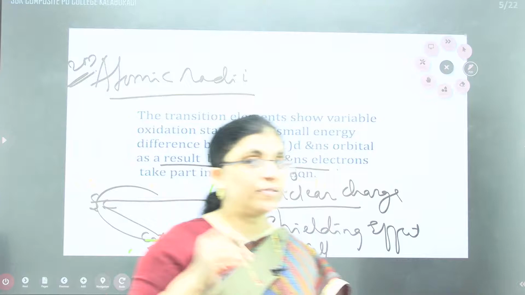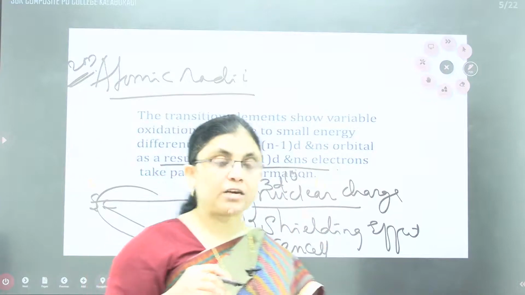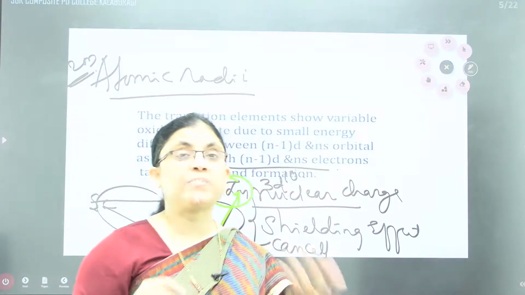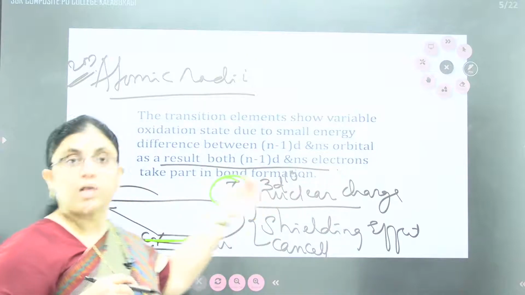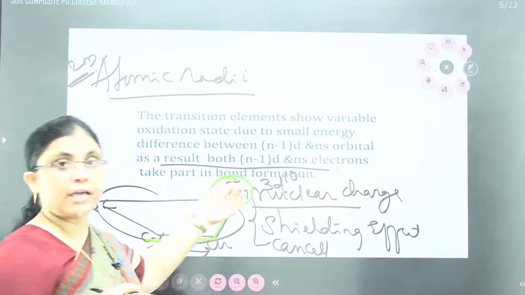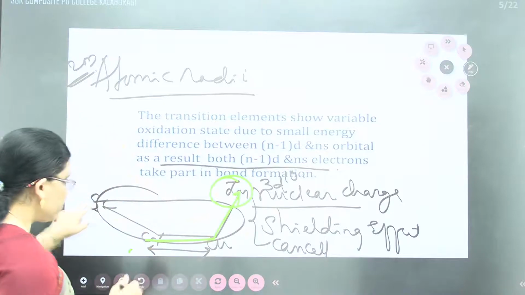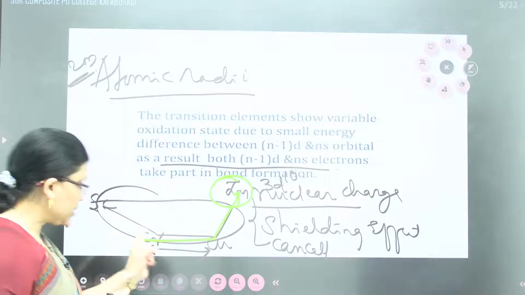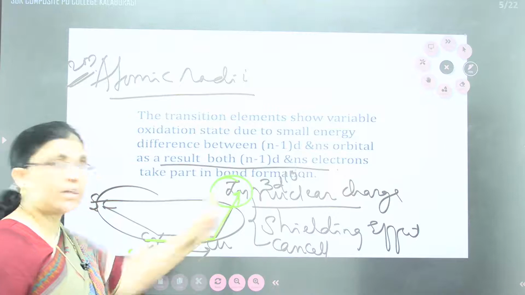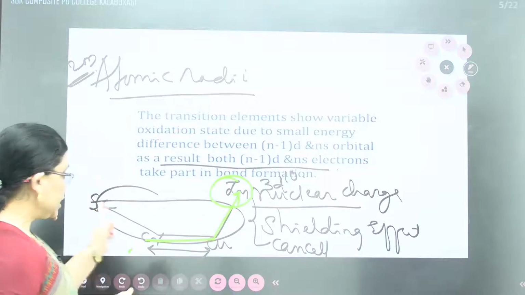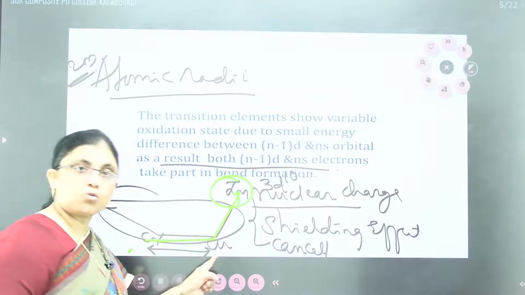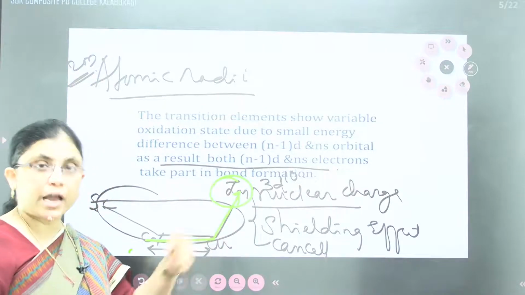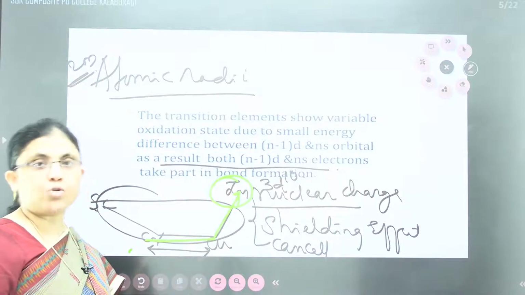Because in the inorganic section we always have exceptional cases. That's why, when we define the atomic radii, you can say that it decreases from scandium to chromium, remains the same over here, and further increases to zinc. It decreases because of the increase of nuclear charge. From chromium to copper, the shielding effect and nuclear charge cancel out with each other.